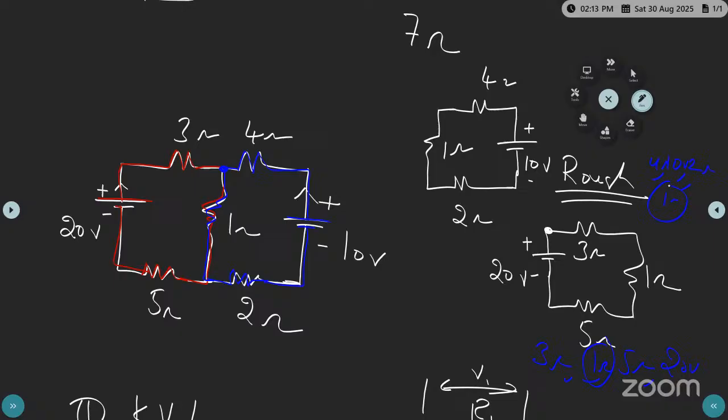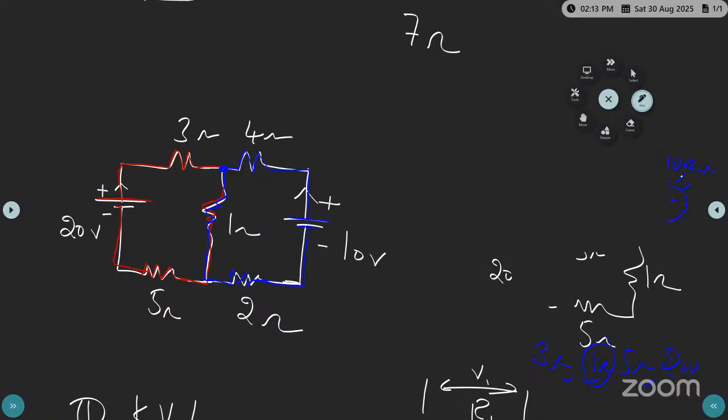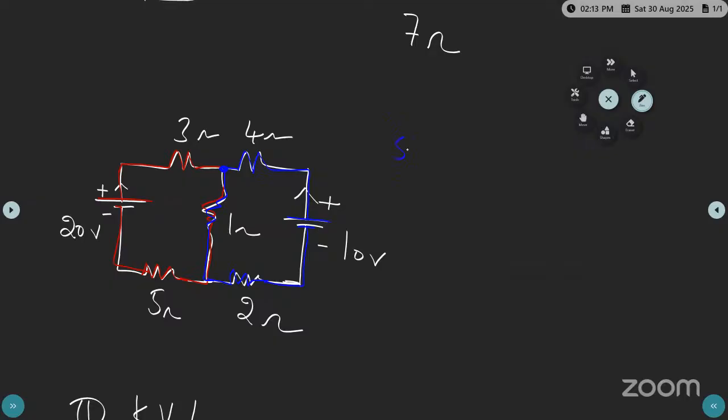What is meant by common element? Common element is the element which is available in loop 1 and also in loop 2. Now, keep this aside. Here, see, the first one is step 1.